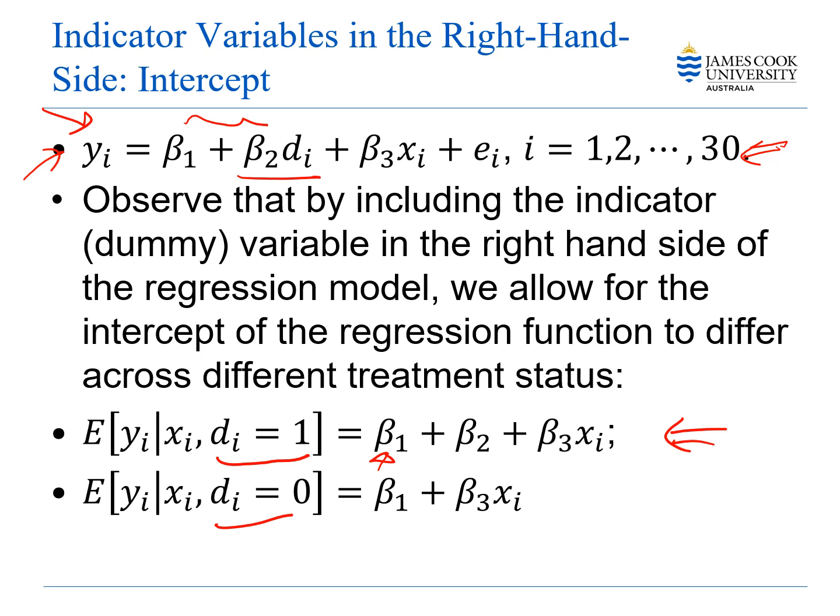So when we condition on a particular random variable, that means, loosely speaking, we are treating this random variable as a constant. Okay, so we condition that Di is equal to 1, so we can plug 1 in here. 1 times beta 2, so we get beta 2. And beta 3, we are conditioning on Xi, so we treat Xi as a kind of constant.